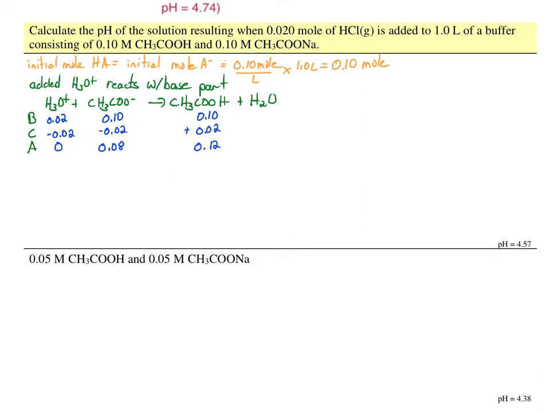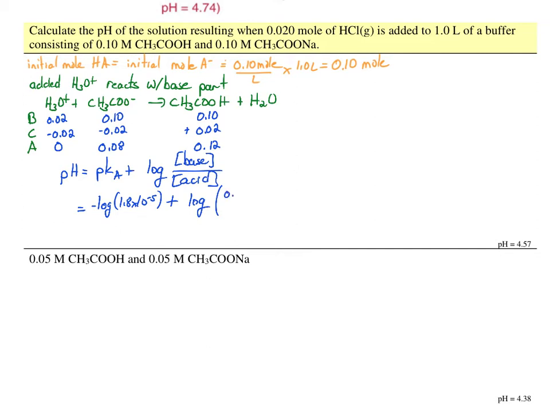We put those values into the Henderson-Hasselbalch equation. We add our values. So pKa is a negative log of the Ka. And then we take the log of the ratio of the moles. So remember, we're in the same beaker, so we can do the ratio of the moles rather than taking the time to calculate the individual concentrations, because the ratio of the moles is going to be the same as the ratio of the molarity.